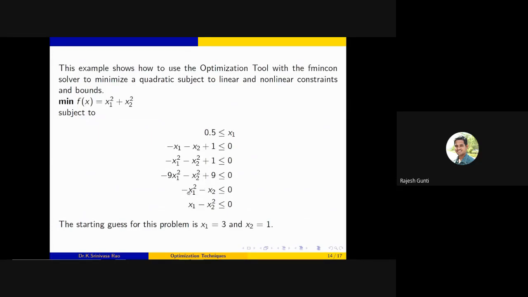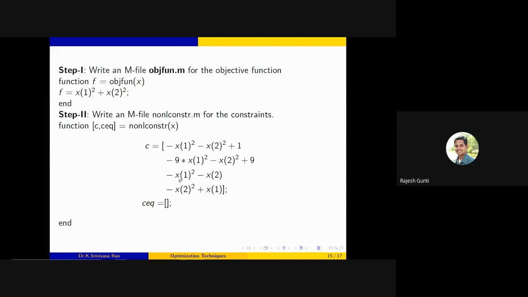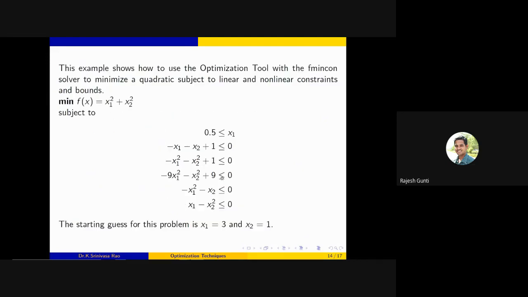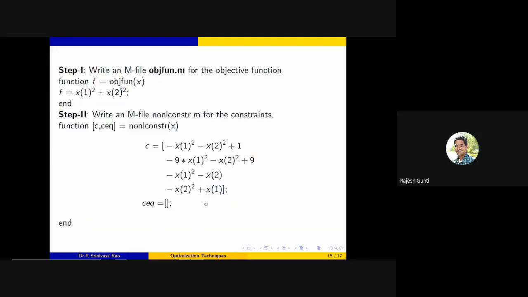The next constraint is minus x1 square minus x2 less than or equal to 0. Then x1 minus x2 square less than or equal to 0, that is, minus x2 square plus x1.